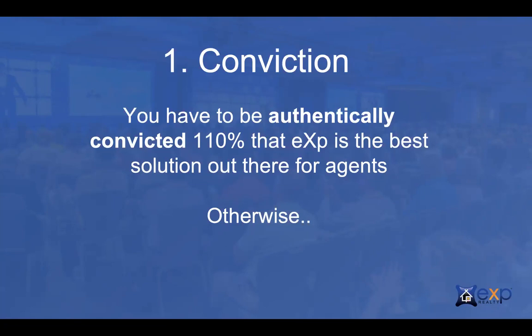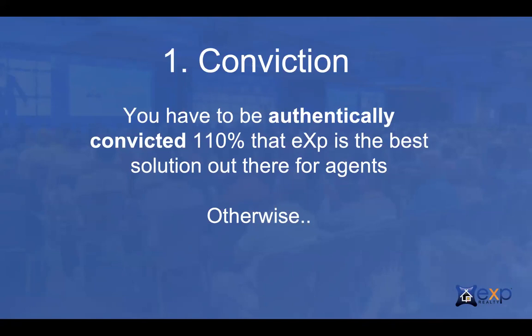Otherwise, you're going to come across very fake when you sell something that you don't believe in. People catch on to it really fast. So as long as you know that you absolutely, authentically are convinced that EXP is the best solution out there for all the agents in the world, your life with agent attraction is going to come very naturally.